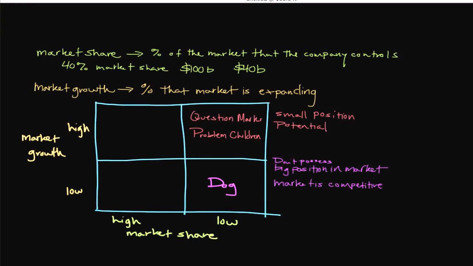Now the next area is what we call our stars. Notice that these stars are characterized by both high market share as well as high growth. That means a couple different things. The first is that we have a large position in the market.